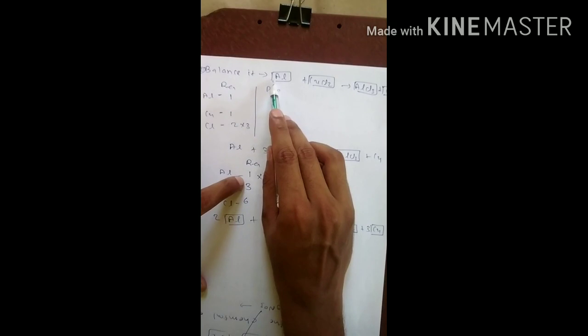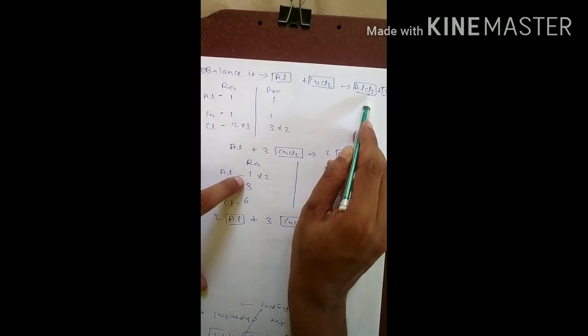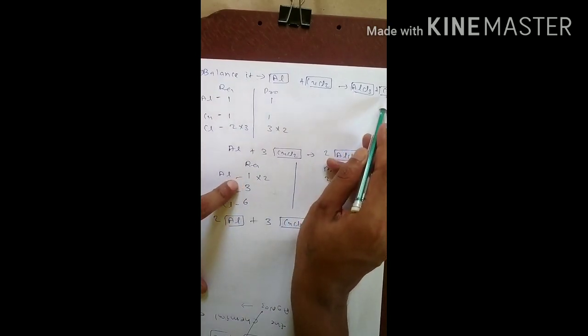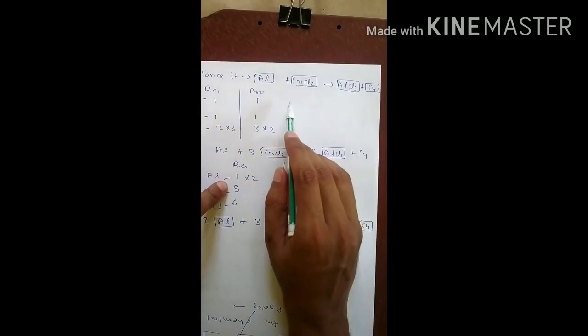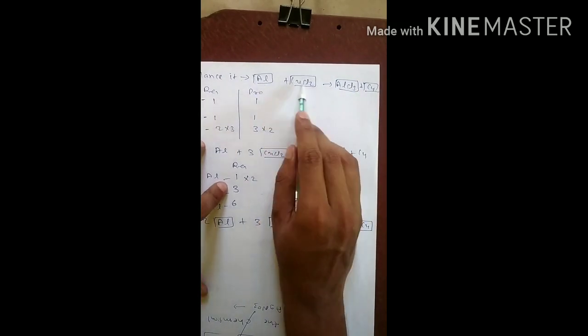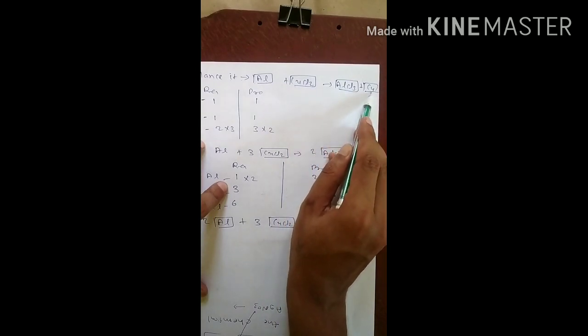Okay, so what is the reaction? Aluminium plus copper chloride gives aluminium chloride plus copper.